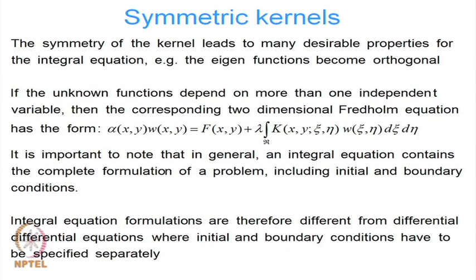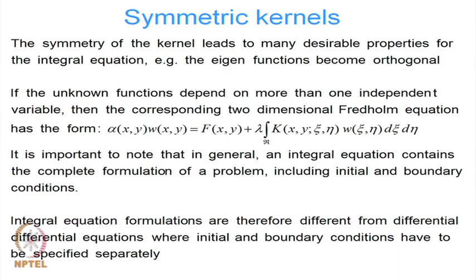Now, the symmetry, so recall when we were looking at linear systems many classes back, and we were considering the properties of a linear system, we looked at the properties of the coefficient matrix, right. And we said that when the coefficient matrix is symmetric, very nice properties follow. What are the nice things about it?